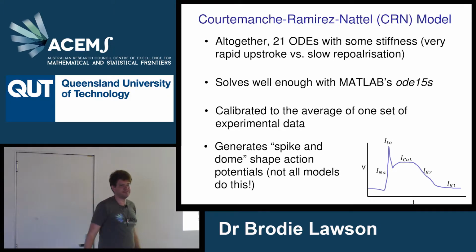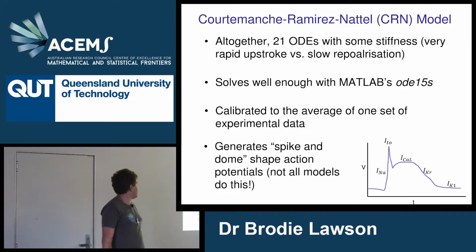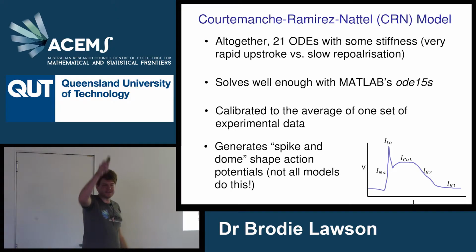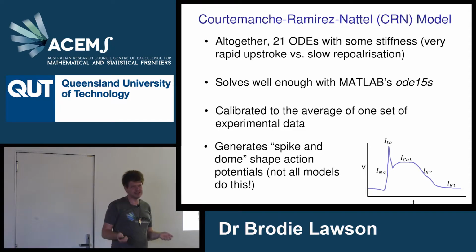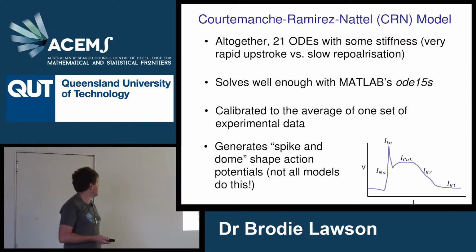I would call it stiff, but I've seen papers where it's like, oh, there's more stiff heart models out there and so on. And that's because, yeah, you have that very fast upstroke, and then you have a slow repolarization. So you have different time scales which make the ODE solution a little bit annoying, or at least you have to use small time steps. ode15s works fine, but it means it takes a little bit of time. And that becomes a big issue as we keep going.